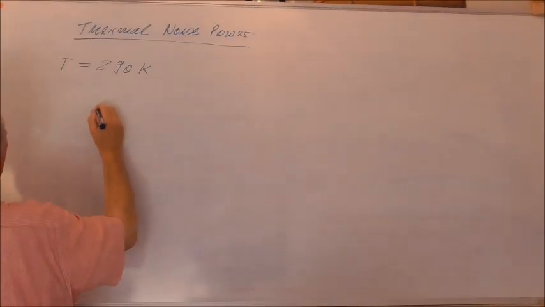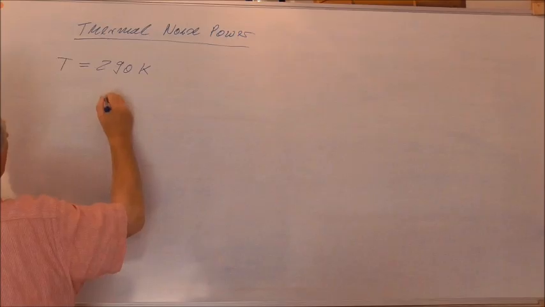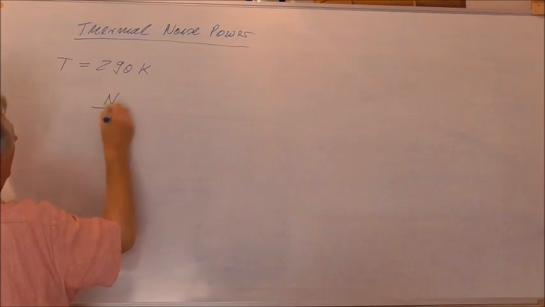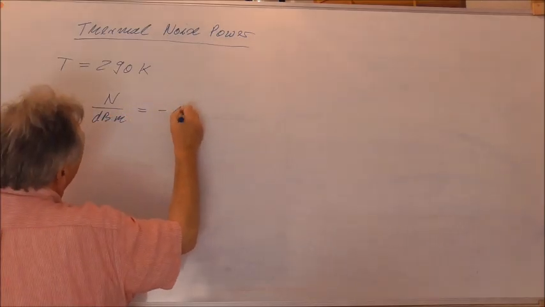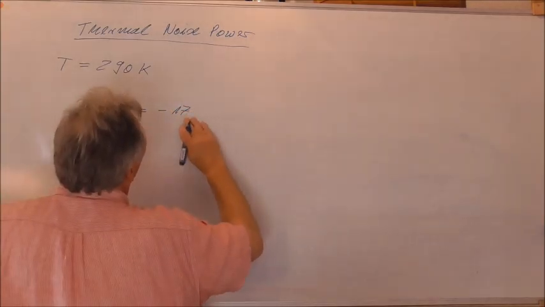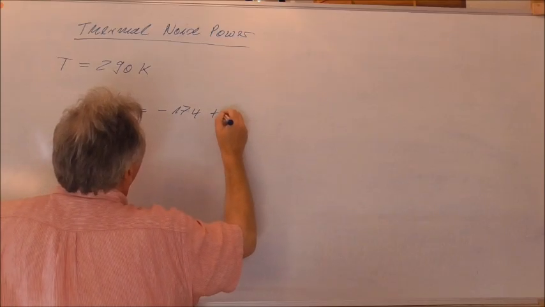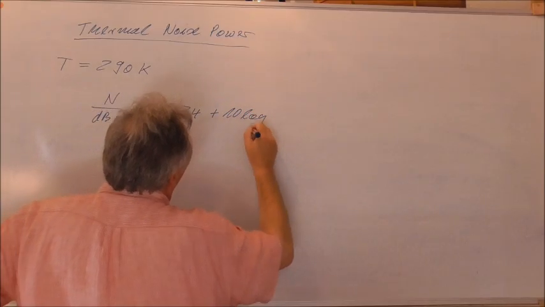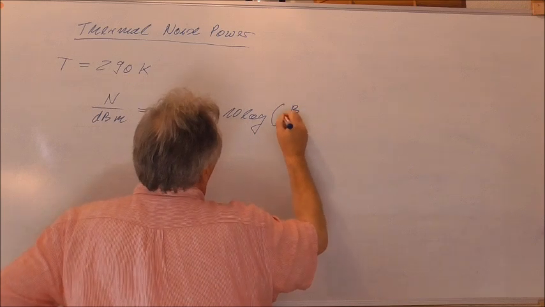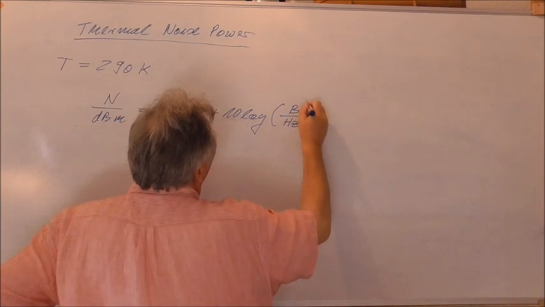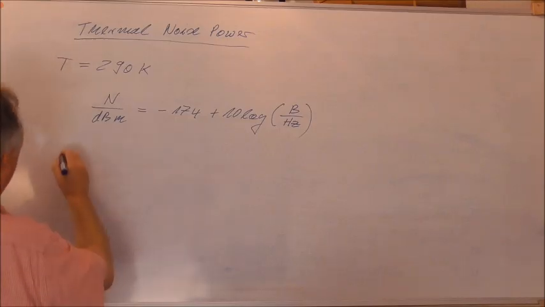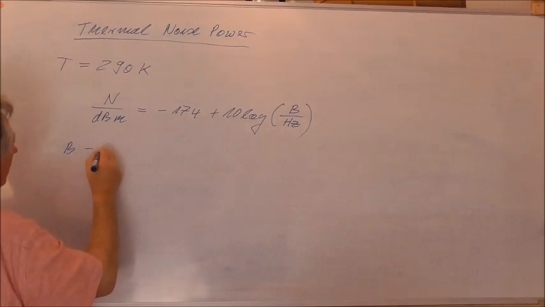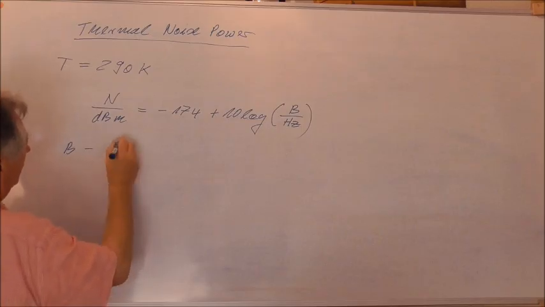Then you can calculate the available noise power in dBm: the noise power N in dBm is given as minus 174 plus 10 times log B with reference to 1 Hertz, where B is the system bandwidth.